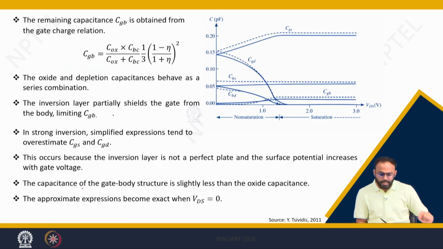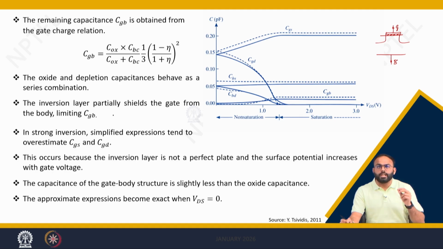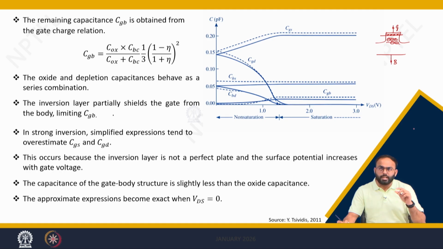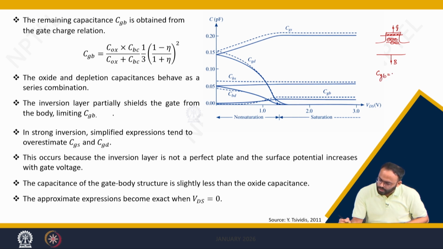Now we have another capacitance we can calculate, the gate to body capacitance, meaning you have a gate like this and a body like this. If you change a small voltage in the body, then what will happen? The depletion region changes, right? The change in the depletion region charge actually reflects the change in gate charge.